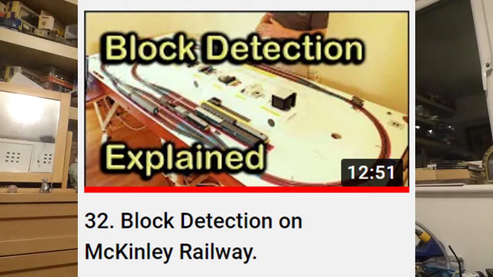I think it was their video number 32, and they had a layout there, and it was all coloured up to show the different blocks, and I thought, this is good. I now know how it works, the way it's all split up into sections, and my interest was piqued again until they got onto the hardware and the software and setting up schedules. And I thought, nah, this is not for me. I'm not going to be able to stand this.